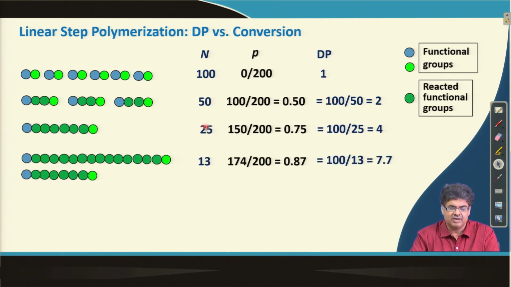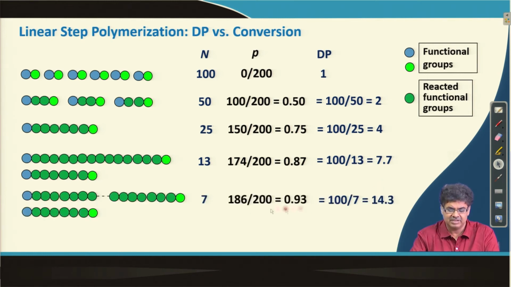Similarly, if out of 25, 24 molecules react with each other forming 12 molecules, plus one remaining, that gives 174 functional groups reacted out of 200, which means the conversion is 0.87. The total initial molecules are 100 and now we have 13 molecules, so degree of polymerization is 7.7.